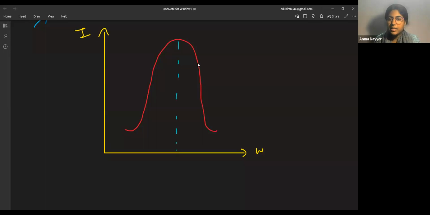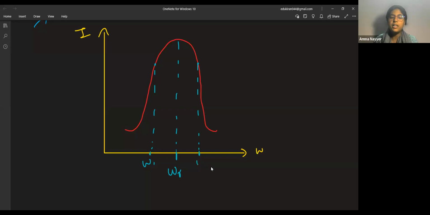This is one extreme point that I'm taking. This is another extreme point. Now, this is, let's say, the value of angular frequency at resonance. Omega r is equal to 1 by under root LC. Okay. Now, these are two different values adjacent to it.